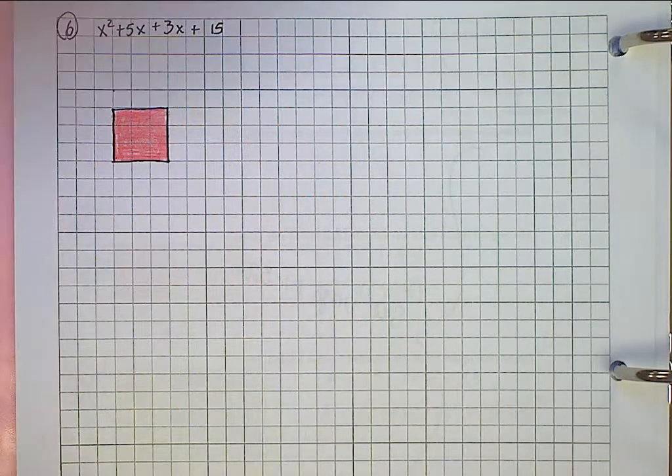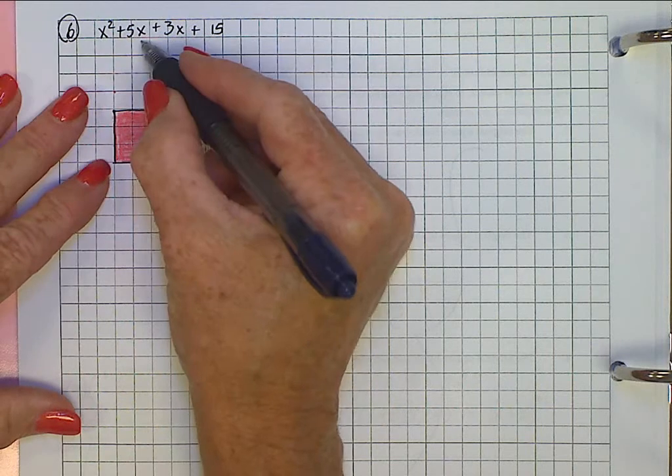And we're adding 5 strips on in one direction and 3 strips on the other side.